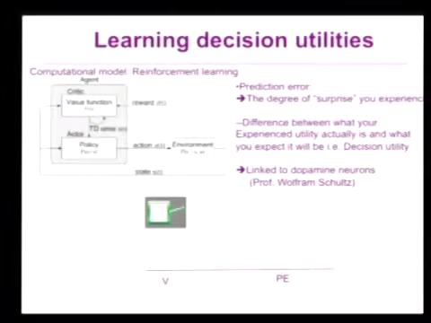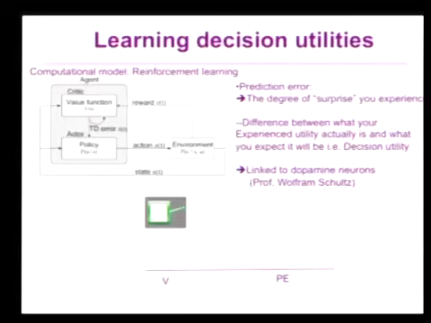Algorithms coming from this field have turned out to be quite relevant for understanding how brains and how people might make decisions. So the question is, how do we actually learn to build up a prediction of a high expected utility for a particular action? What these models say is that we encode the degree of surprise in our predictions.